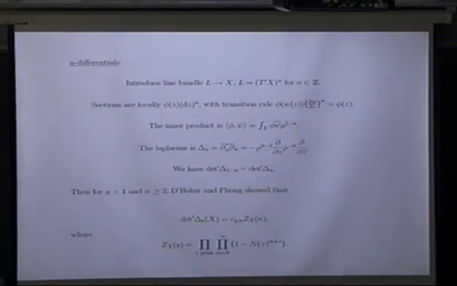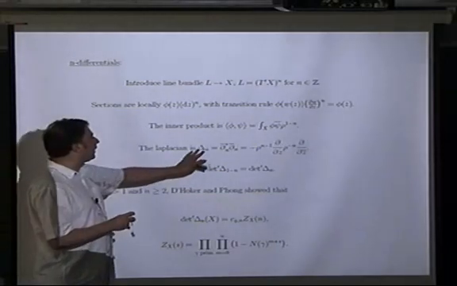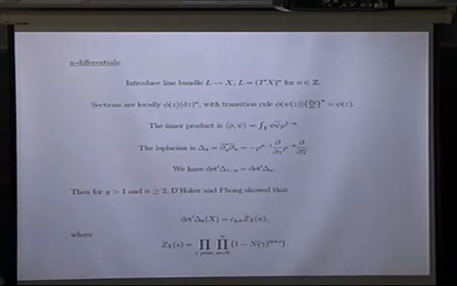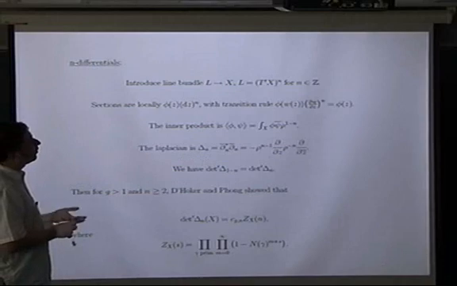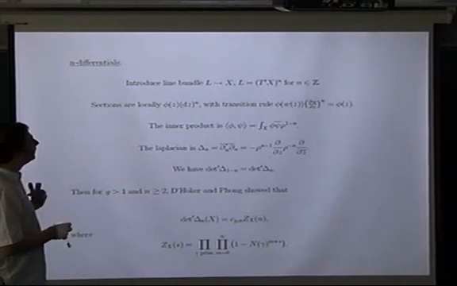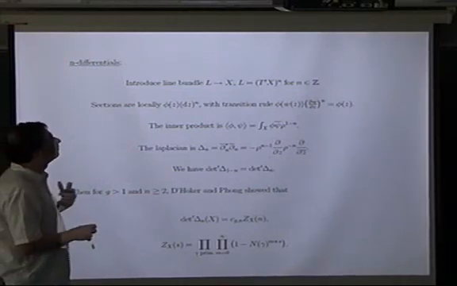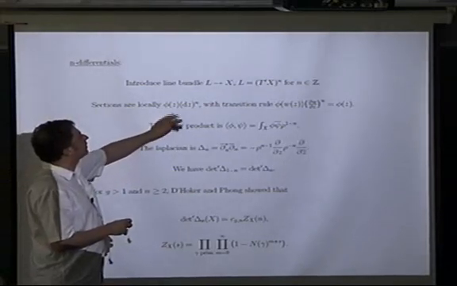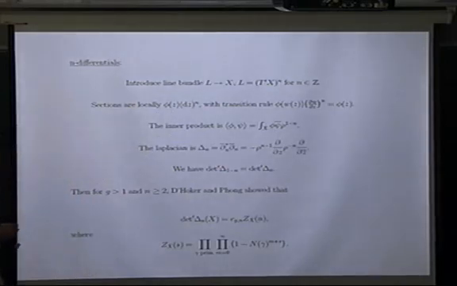So then our extension of this, the work of physicists was always concerned not just with the determinant of the Laplacian, but the Laplacian on the nth power of the canonical bundle. So we're working on the nth power of the canonical bundle, which, if you're thinking classically, is n-differentials.